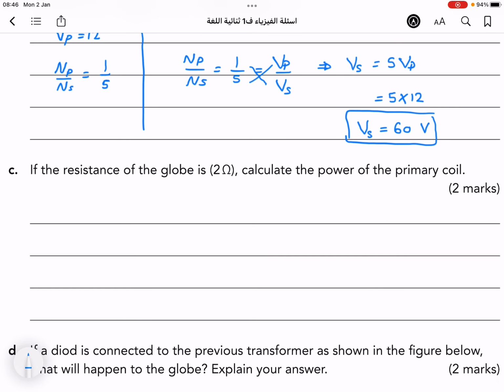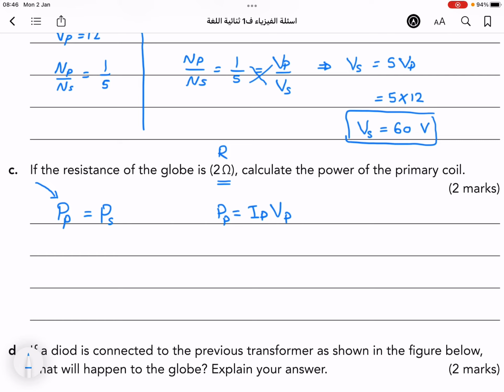Part C. If the resistance of the globe is 2 ohms, calculate the power of the primary coil. Always the power in the primary coil equals the power in the secondary coil. So if I want to calculate the power in the primary coil, P equals IP times VP, but I don't have IP.